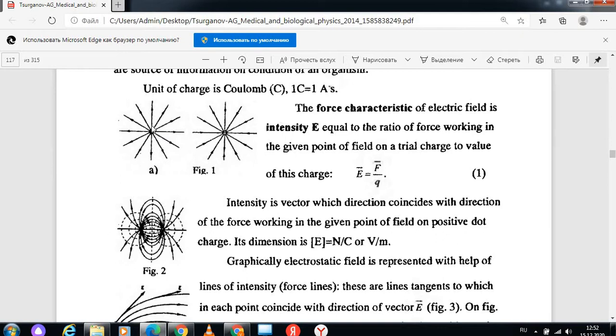So we build this graphically. We represent electrostatic field with the help of lines of intensity, force lines, the lines of the field.